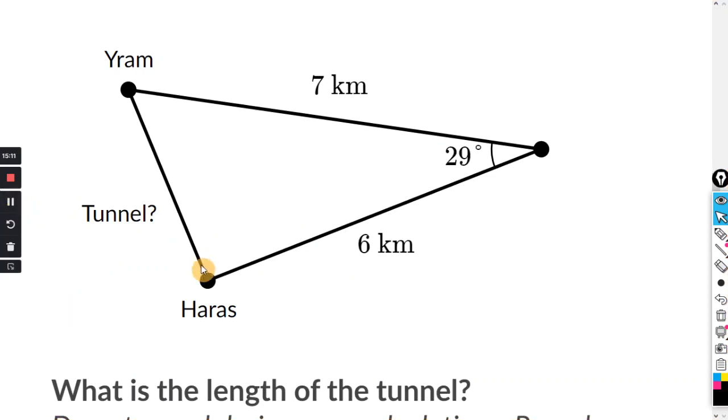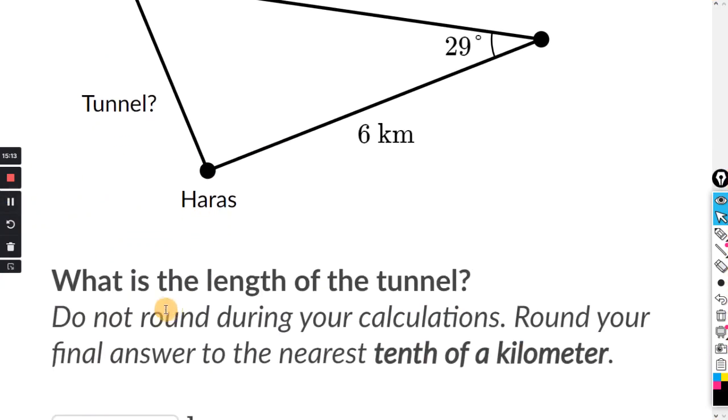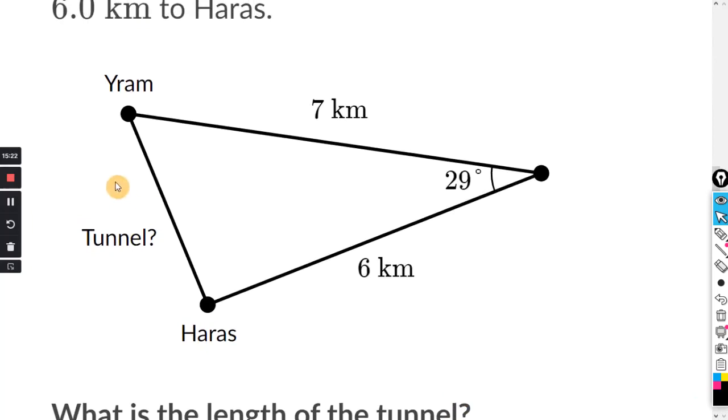All right, this time I won't read the write-up. They want to know the length of the tunnel to the nearest tenth of a kilometer. Do not round during your calculations. All right, so obviously this is the length of the tunnel right here.